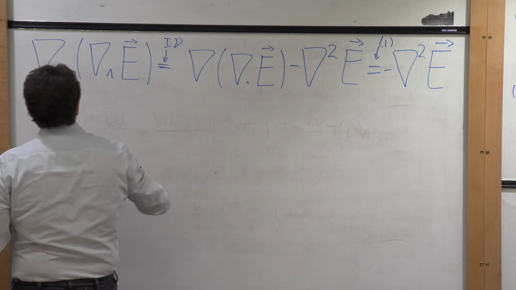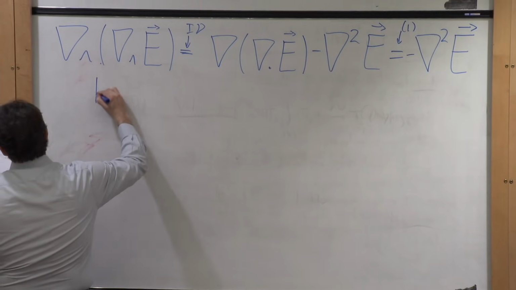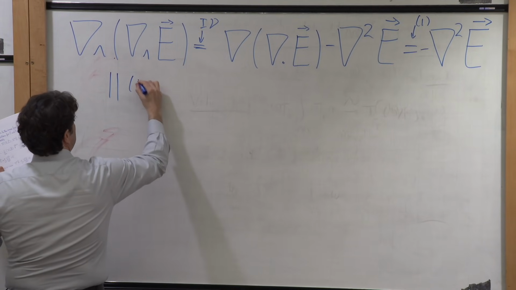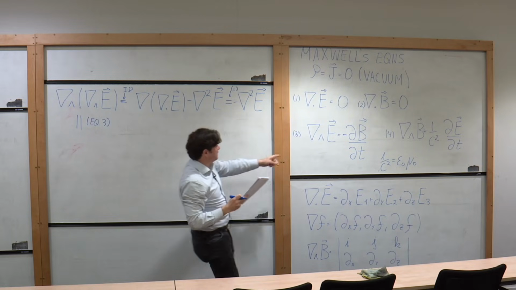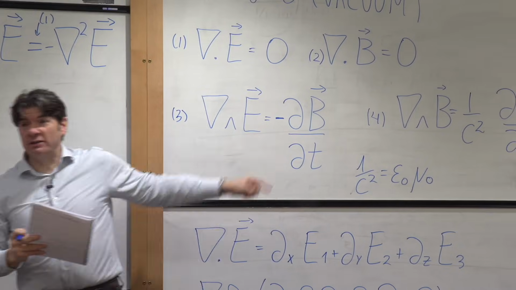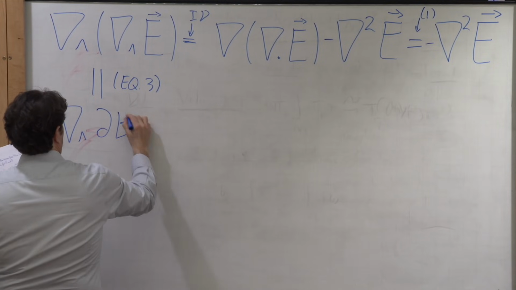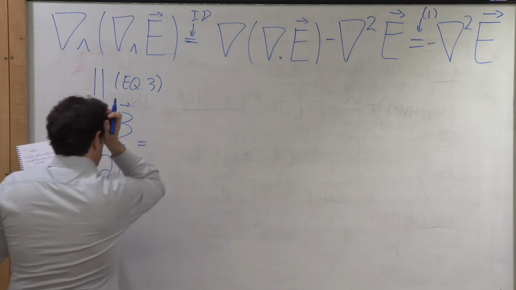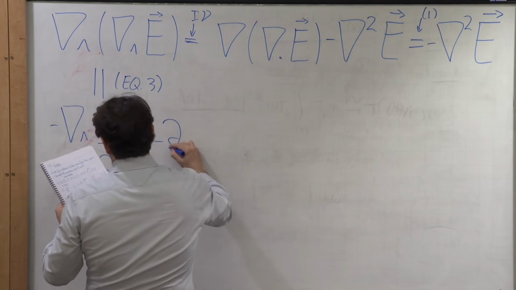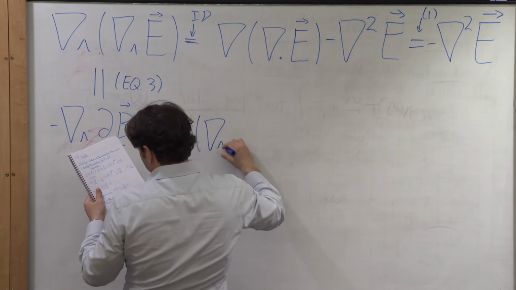On the other hand, we can write down the same object by using Maxwell equation 3, which tells us that the curl of E is related to the derivative of B, so this is minus the curl of dB/dt. We exchange time and curl derivatives because they commute.